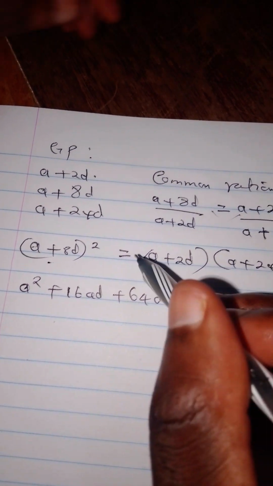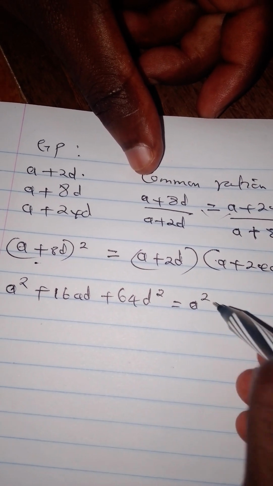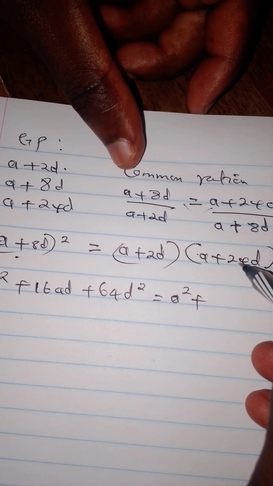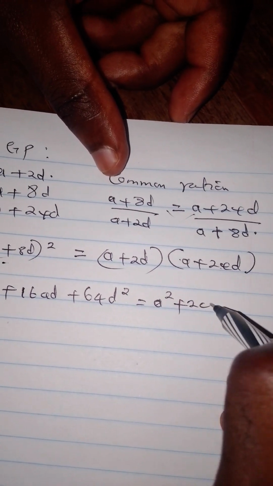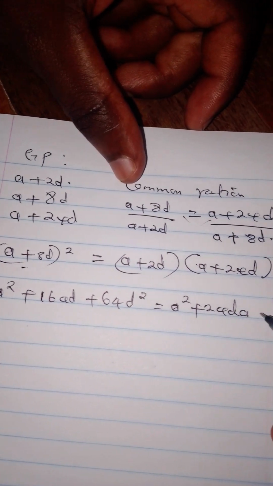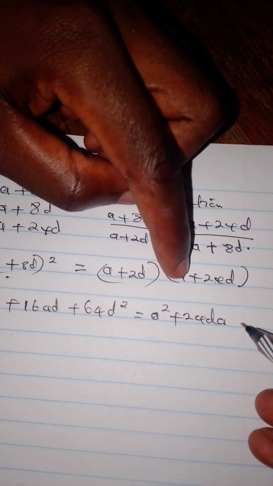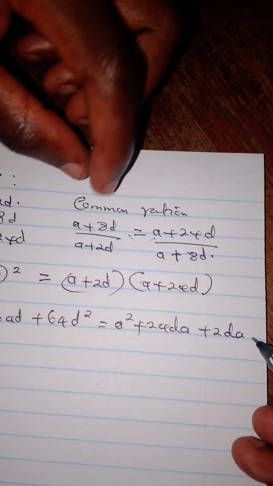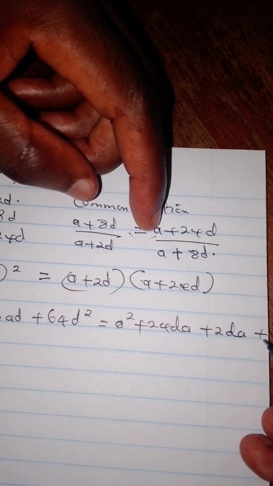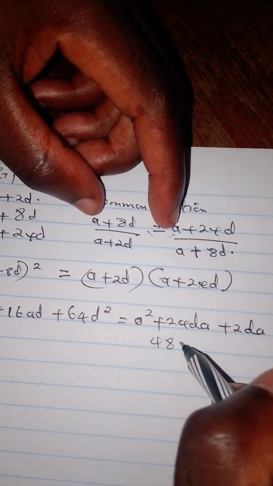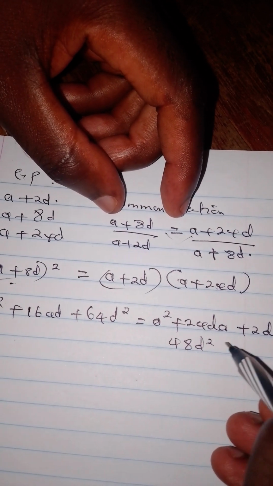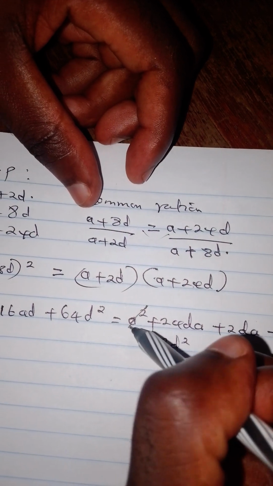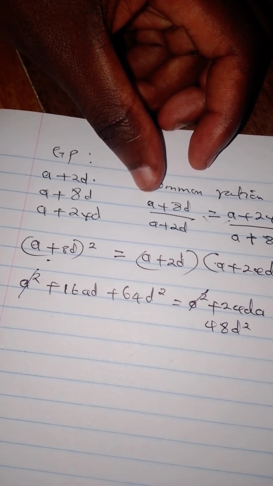On the right, A times A is A squared, then A times 24D is 24dA, then 2D times A is plus 2dA, then 2D times 24D is plus 48d squared. A squared cancels the A squared.